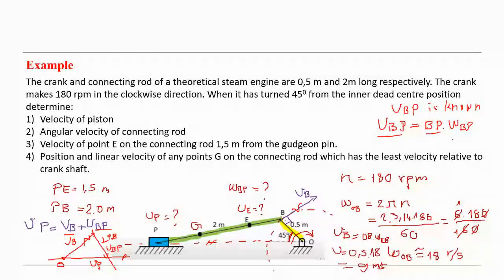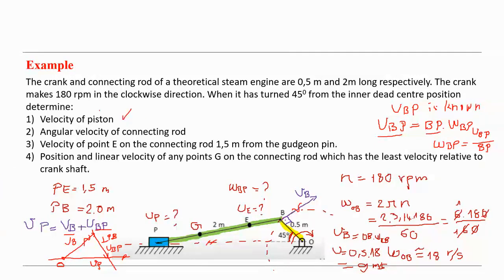So the angular velocity is equal to VBP over BP. BP is known, the length. VBP is known; we calculated it already from this vector triangle using the scale, graphically. So the second part of the question is also finished now.